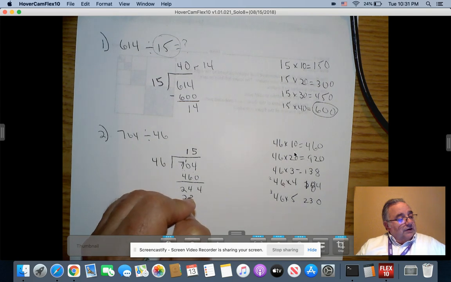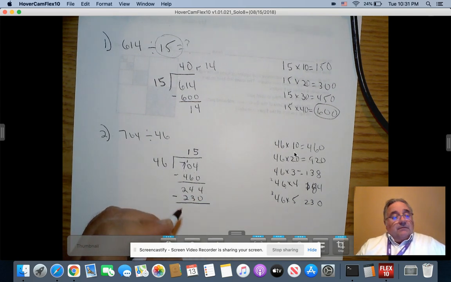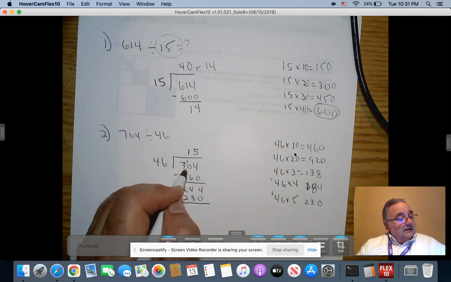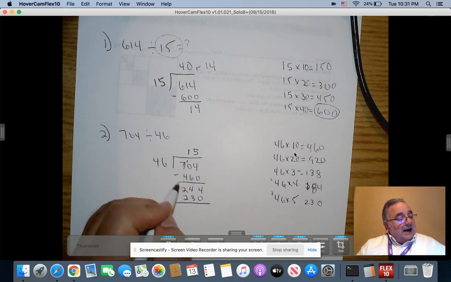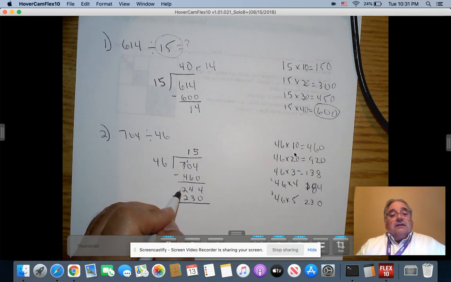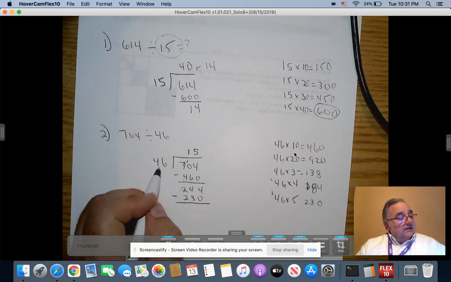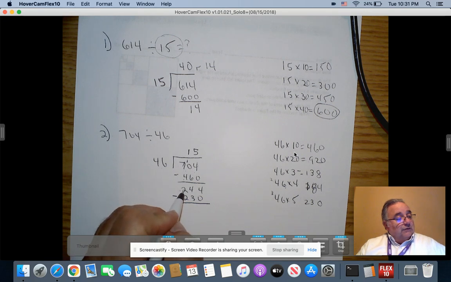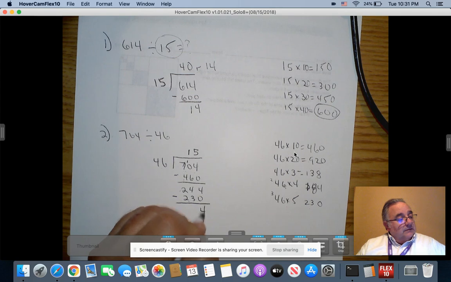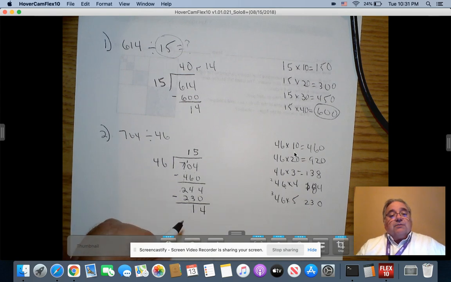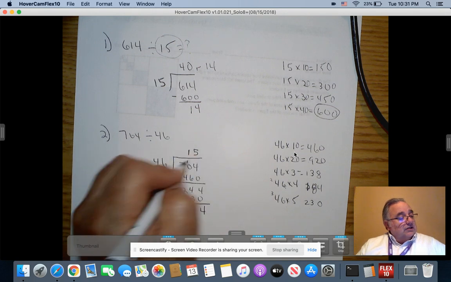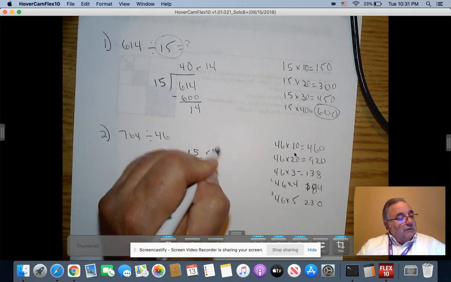So I have 230 that I subtract now. So I'm dividing, I'm multiplying, I'm subtracting. Now I'm dividing 46 into 244. I'm multiplying, I'm subtracting, bringing it down. This 14 looks like it's the smallest, so it looks like the answer is 15 with the remainder of 14.